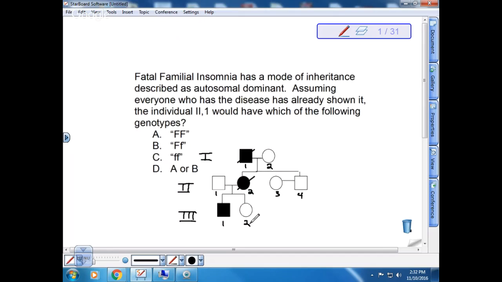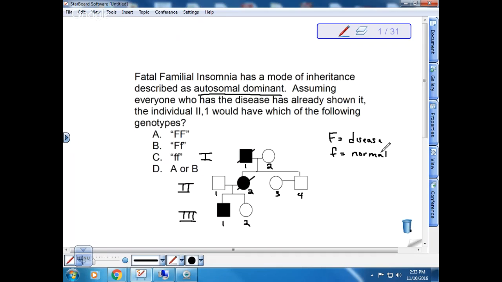Then if I was doing this problem, I would do my legend, right? So big F is what? The disease. And I know that because it's autosomal dominant. So little f is normal, right? So all of those individuals on this pedigree that are not colored in would have to have what genotype?